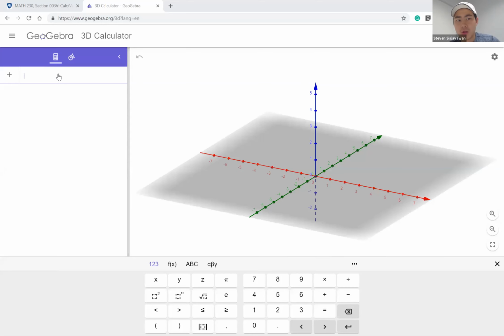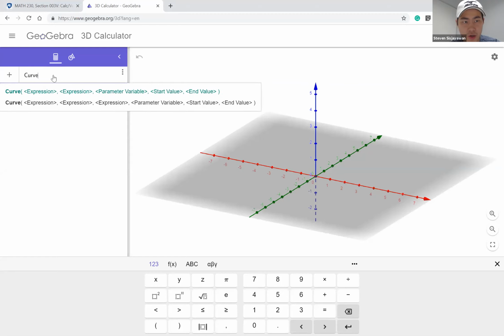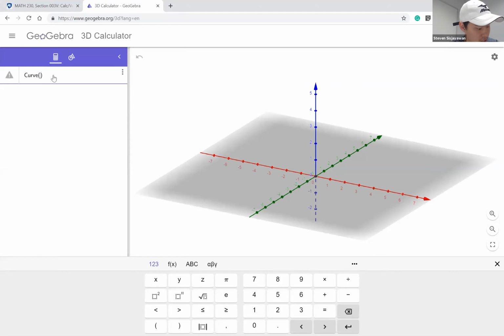All right, let me share my screen. So using GeoGebra, let's try to graph out the two equations we solved for. Using the first approach, we have the curve, where for the x component we got the square root of 1 plus 2t, right? For the y component we have just t, and for z we have 1 plus t.